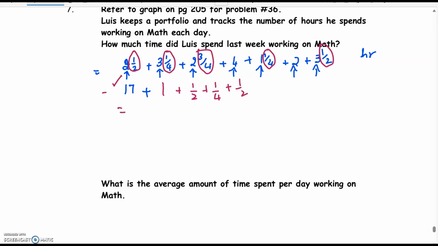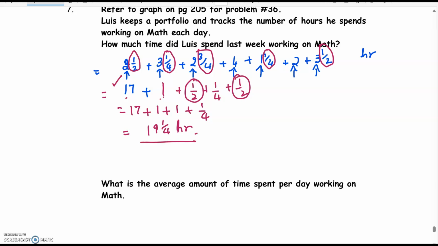So this is equal to, now let's see, 17 plus 1, 18. Now half plus half makes a 1. So you have 17 plus 1, and then you have 1/4. So that is 19.25 hours.